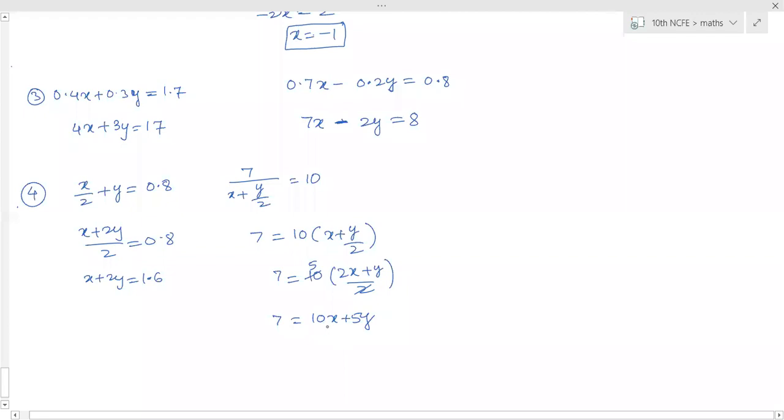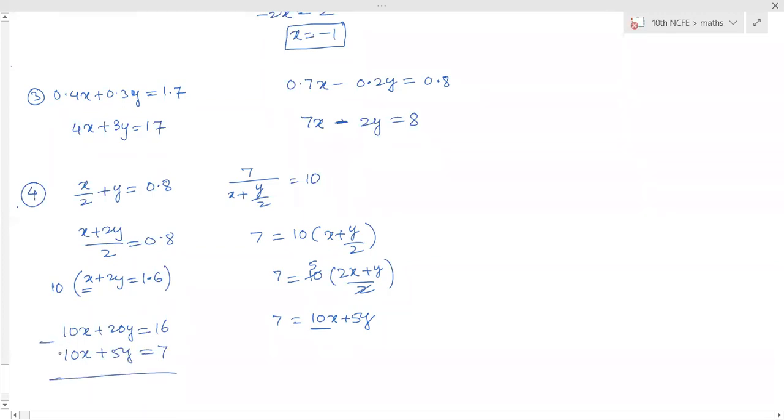This is one equation. Here the x coefficient is 10. We can make it 10 by multiplying with 10. So this will become 10x plus 20y is equal to 16. And the second equation is 10x plus 5y is equal to 7.